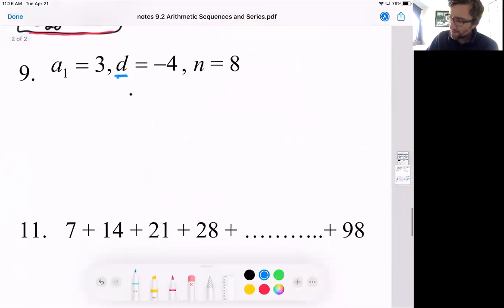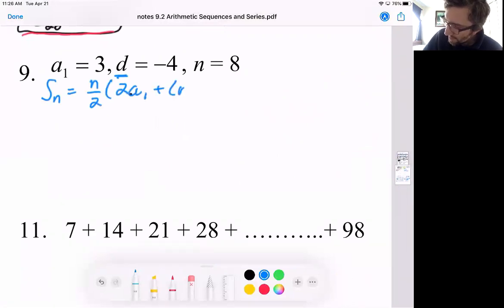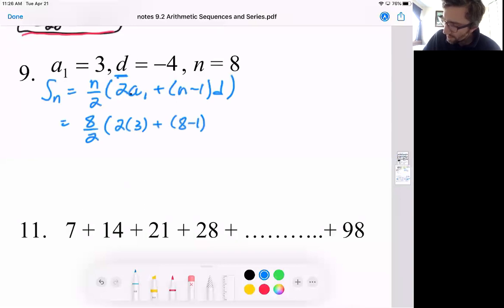Let me write the general formula out first. The sum of n terms is n over 2 times 2 times a sub 1 plus n minus 1 times d. So n is 8. We have 8 over 2, double the first term, plus n minus 1 times d.